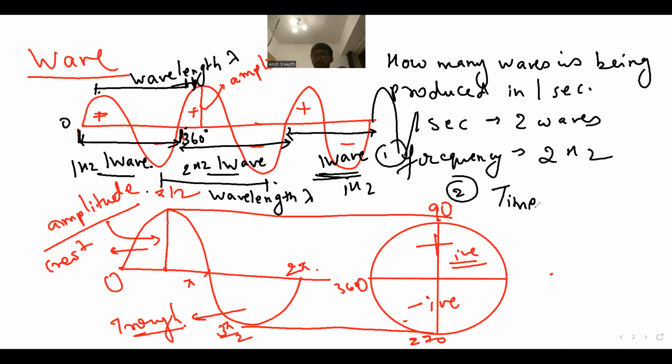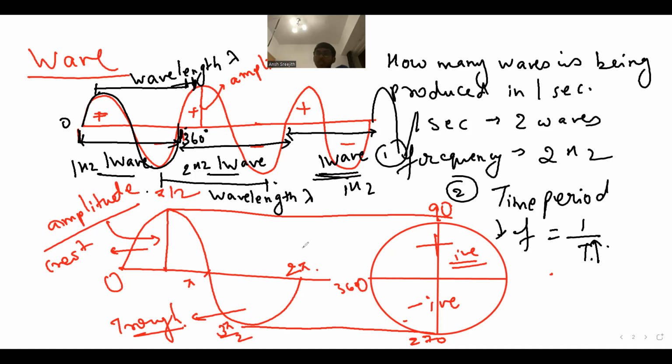And what is time period? Time period means how much time it has taken to complete one wave, one complete circle. That's why frequency is always inversely proportional to time period. If time increases, frequency decreases.